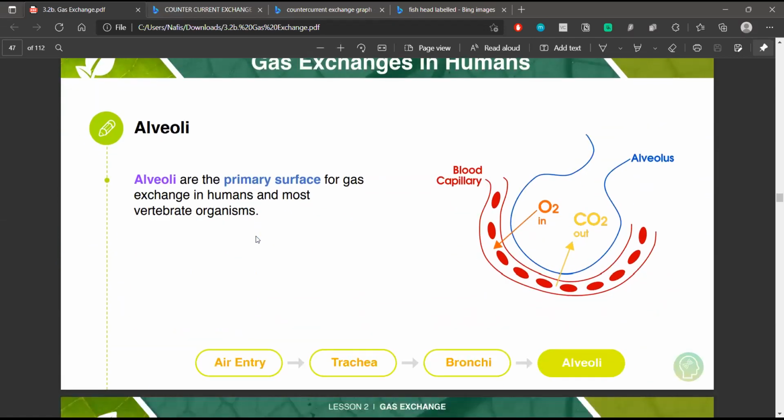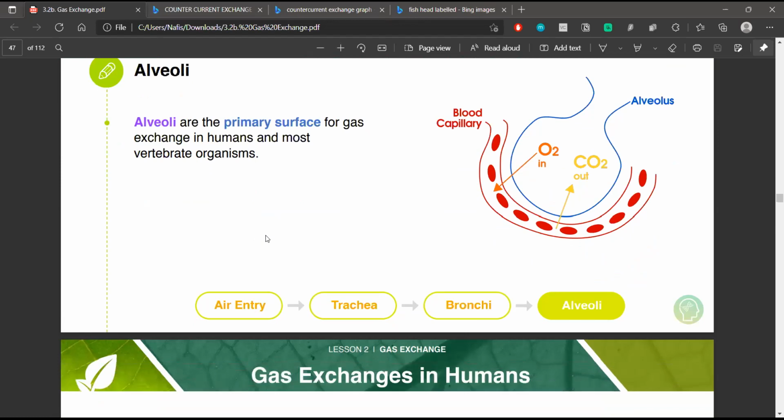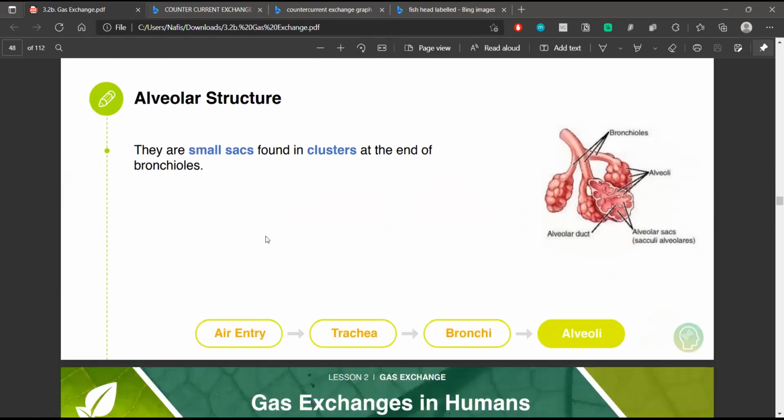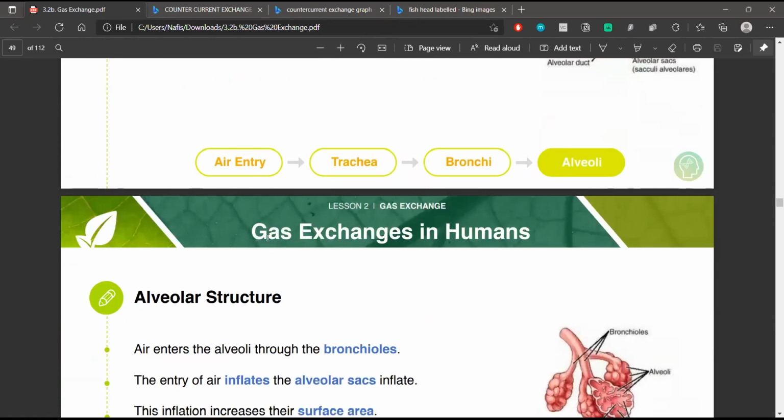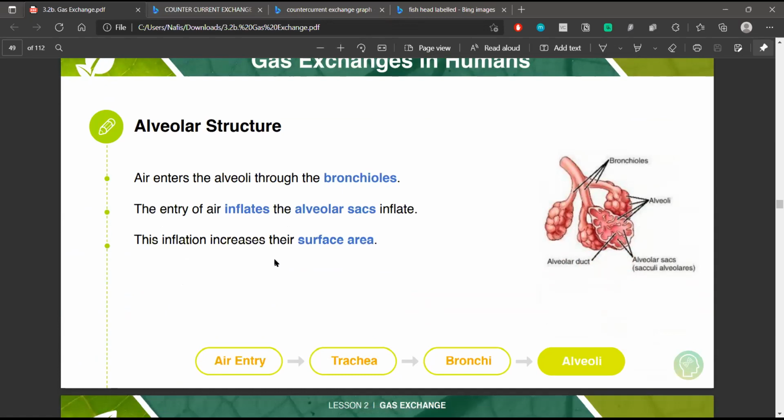And alveoli are the primary surface for gas exchange in most humans and vertebrates. Alveoli are tiny sacs at the end where they inflate.